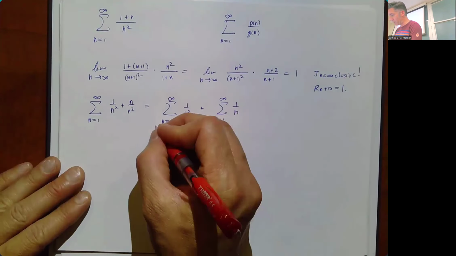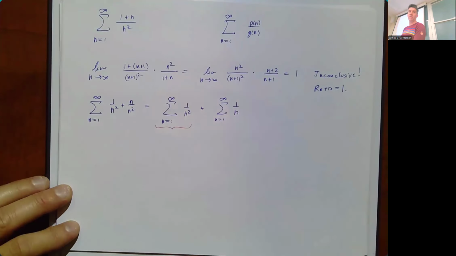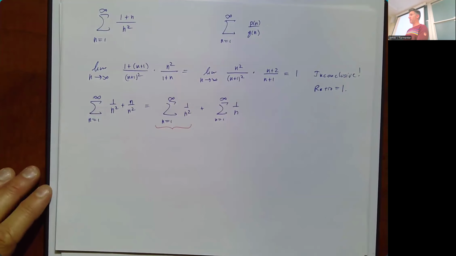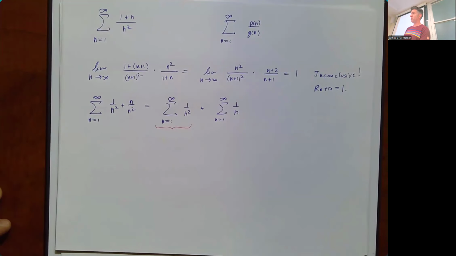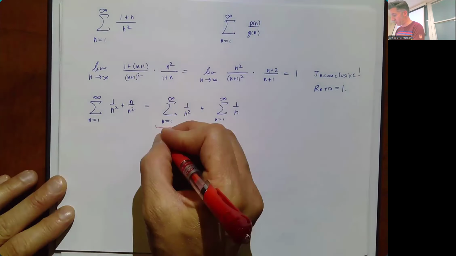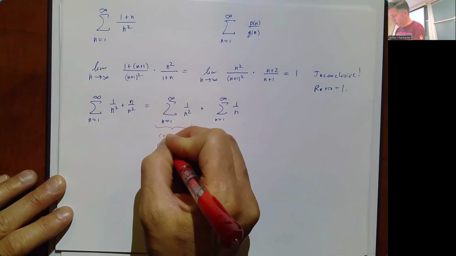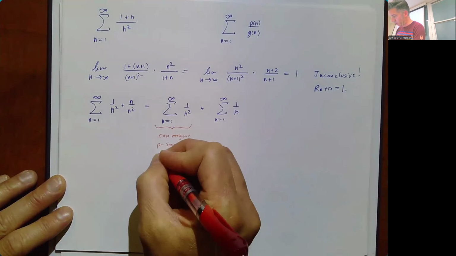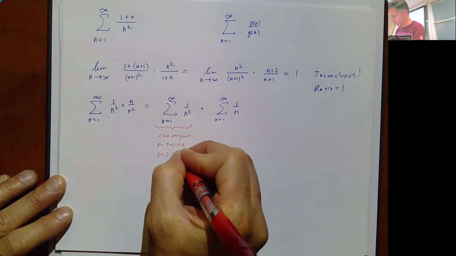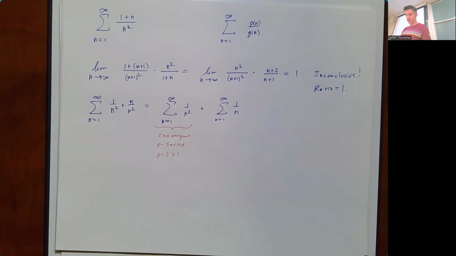This first series here, the sum from n equals 1 to infinity of 1 over n squared, is that one convergent or divergent? Yeah, it's a convergent p series. Convergent p series because p is bigger than 1. What about this second one here?